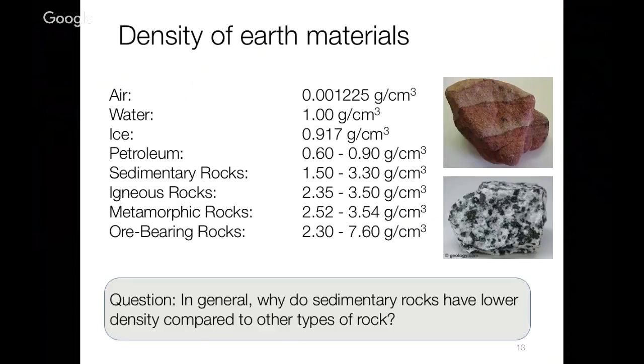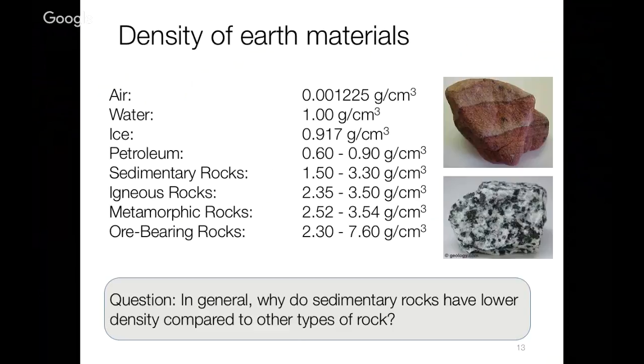Perhaps a question you might ask as a geological engineer is, I've got sedimentary rocks, and maybe igneous rocks or some other kind. Why does the density vary? Why does a sedimentary rock have a lot lower density than other types of rocks?